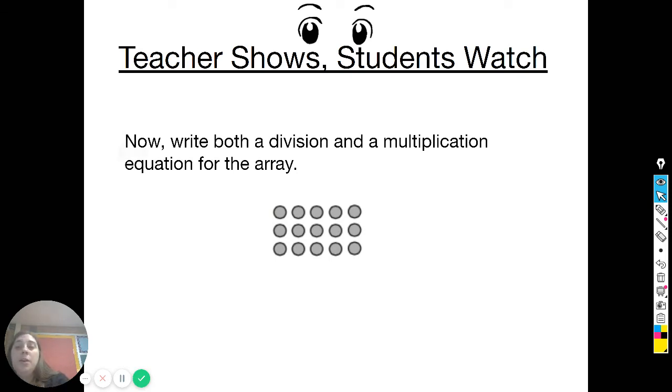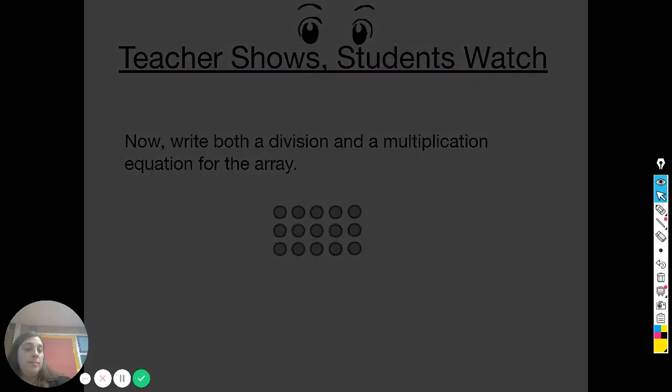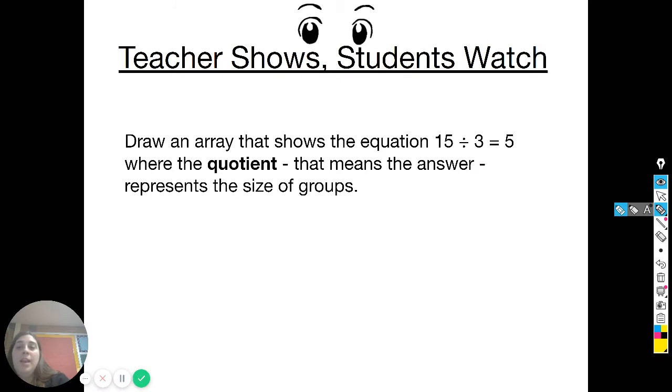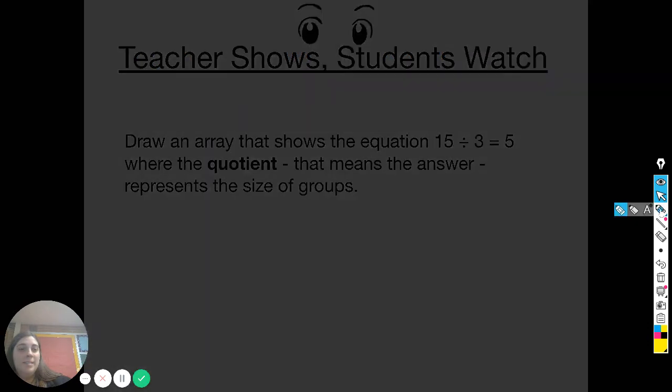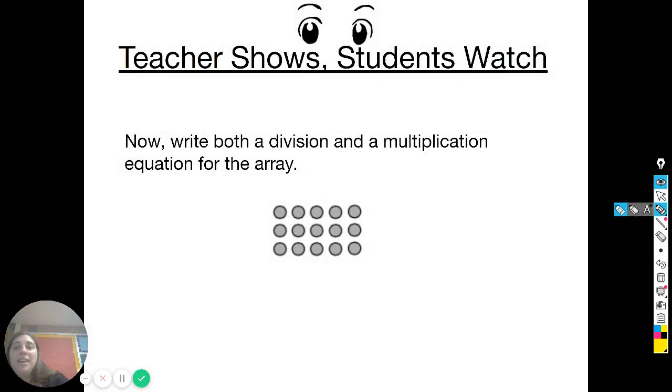Now, write both a division and a multiplication equation for the array. Okay, so here's the array in front of us.